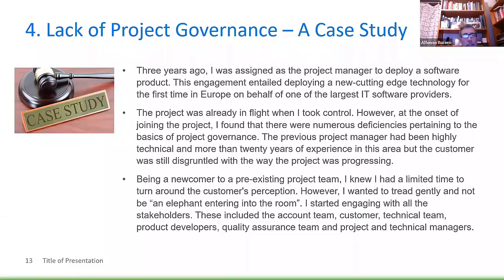I remember I spent a lot of time interviewing all the stakeholders and sharing their thoughts and requirements with them, the level of happiness, the level of interest, trying to identify the level of importance of those stakeholders. This included the account team, the customer technical team, the product developers, quality assurance, and project and technical managers.